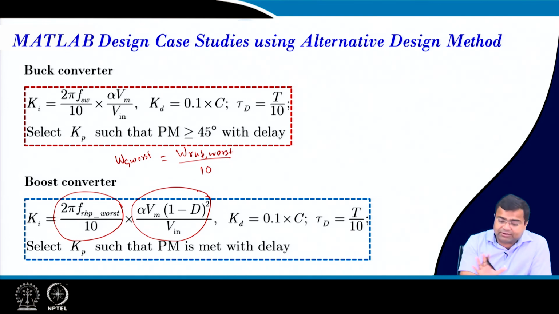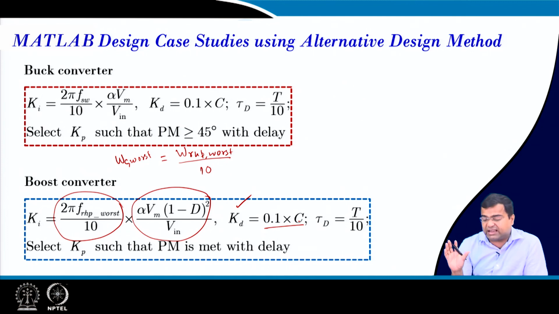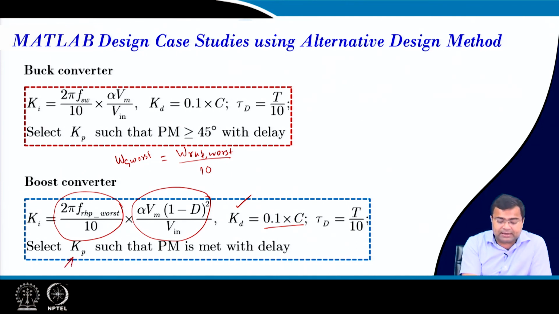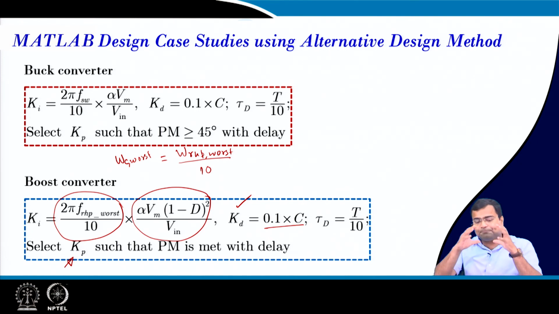So Ki we know, and Kd as I said, we can simply set to 0.1 times C, tau d, T by 10. Now we have to play with Kp such that we can meet a certain phase margin, including the delay due to the digital controller.